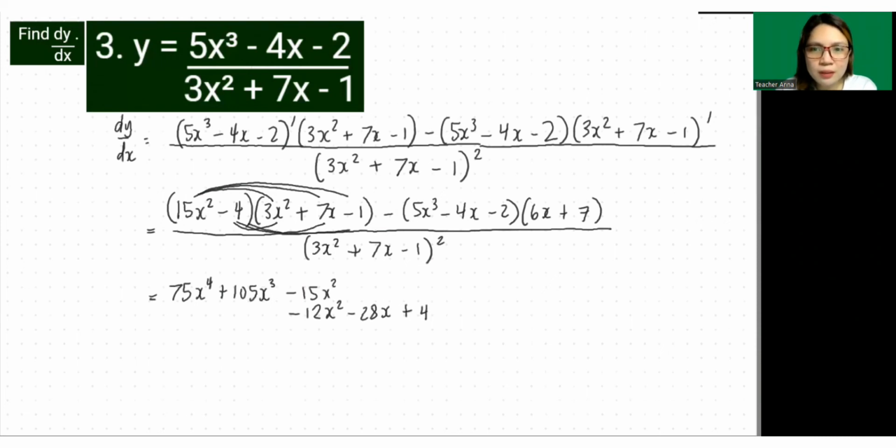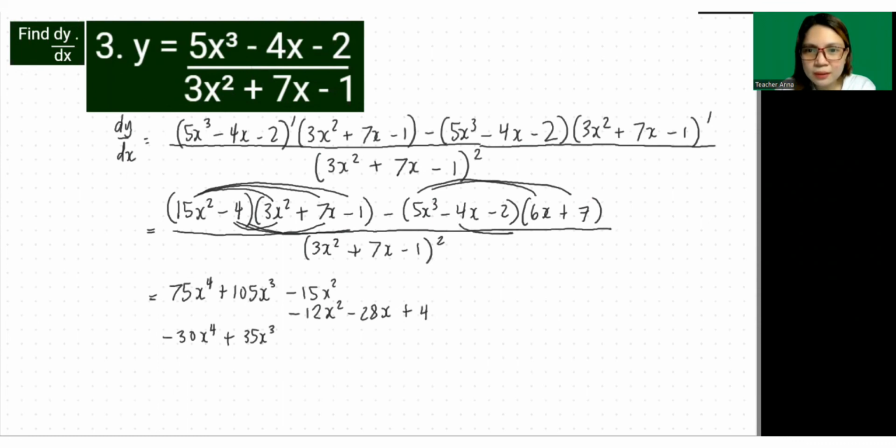Then we have, for this one, that will be 30x raised to 4, and then the minus sign. So that's negative 30x raised to 4. And then we have 35x cubed. So plus 35x cubed. And then, where are we now?